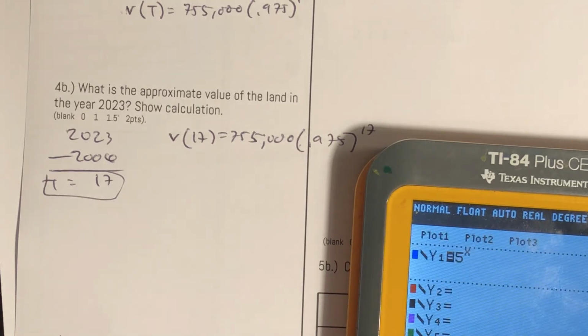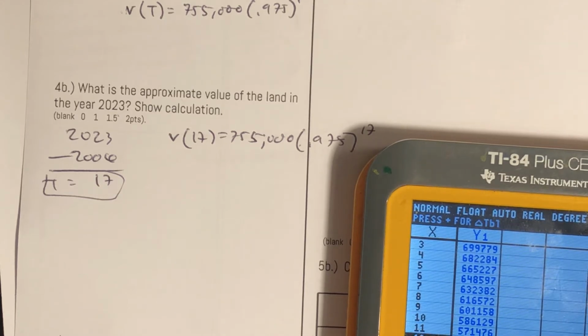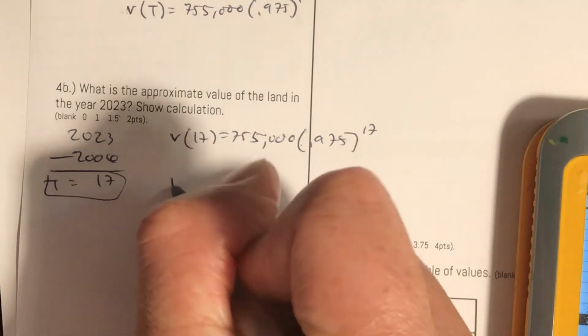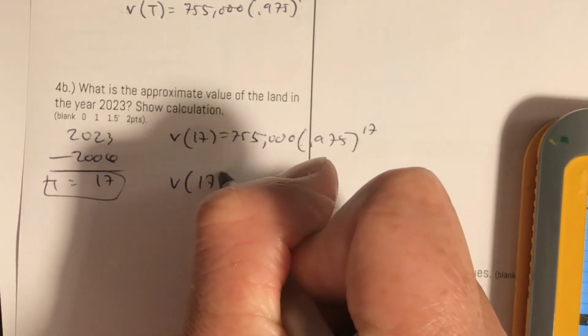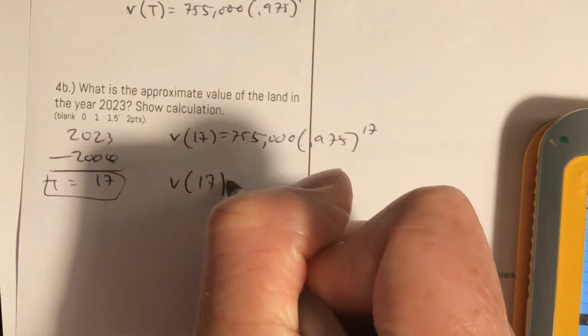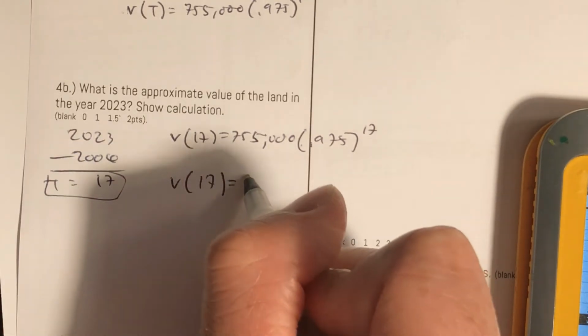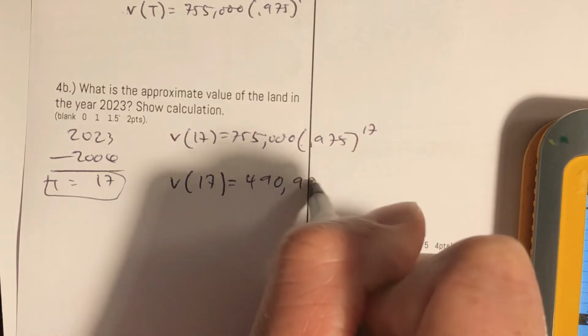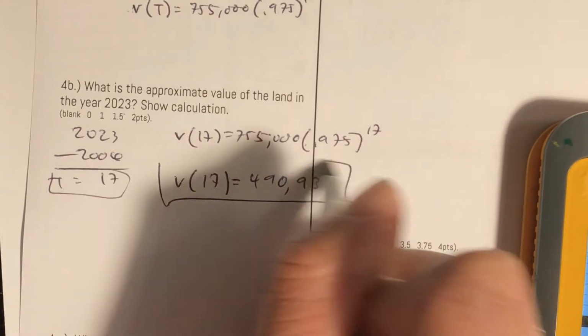And I might as well just put it into the function here because I'm going to have to do that anyways. And I can just put in, go up to 17. 90,937 is our answer.